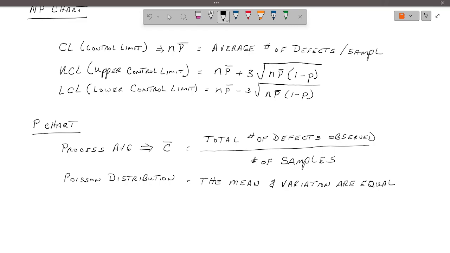That's the percentage. Okay, number of percent of defects.